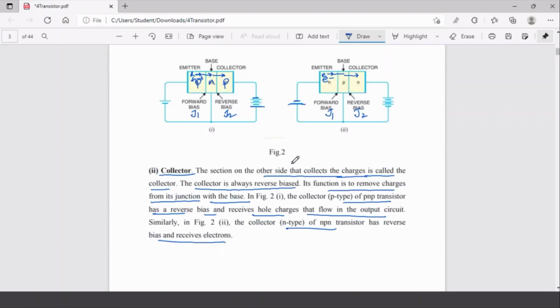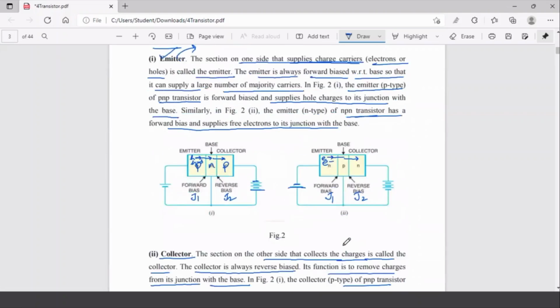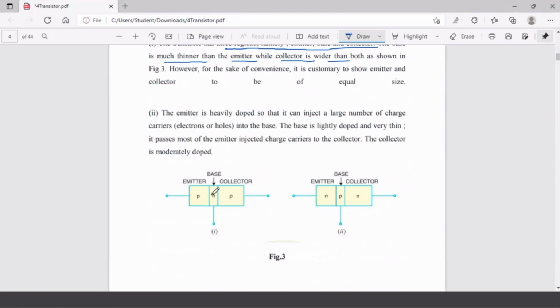But generally we represent it in this particular fashion to show that all are equal, but actually the base is the thinnest, then the emitter is bigger than that, and the collector is the biggest.